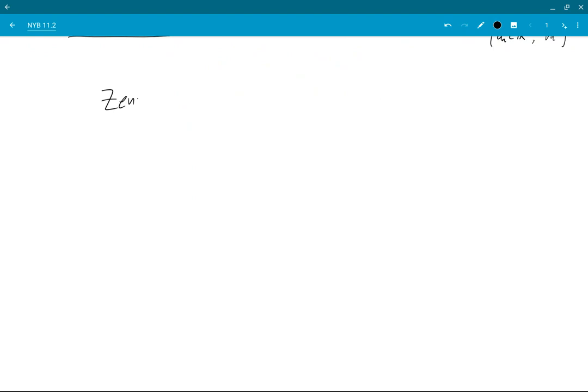So Zeno's series is 1 plus a half plus a quarter plus dot dot dot. Okay, we can write this as summation n equals 1 to infinity.